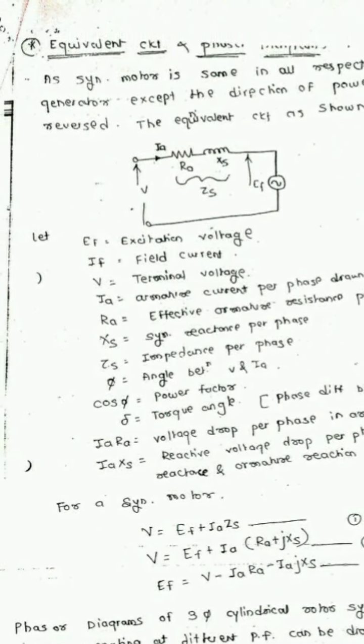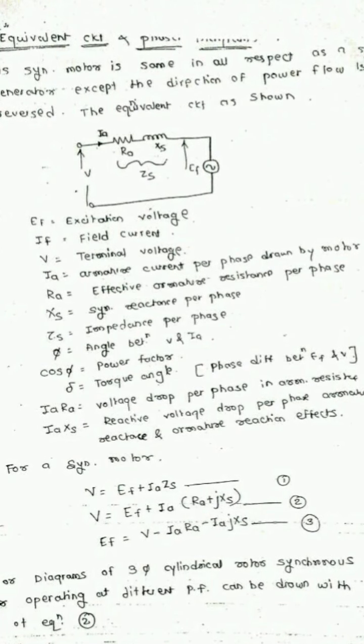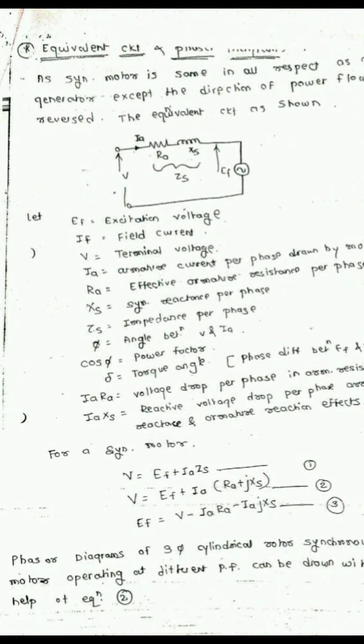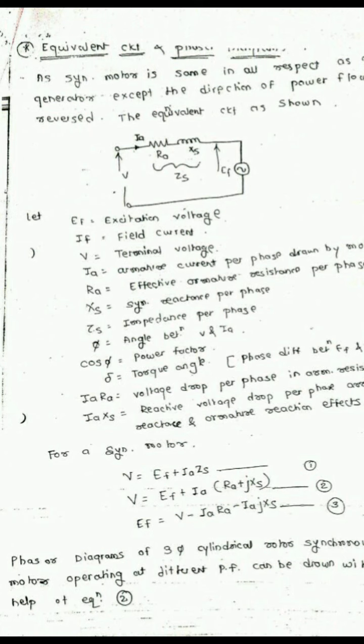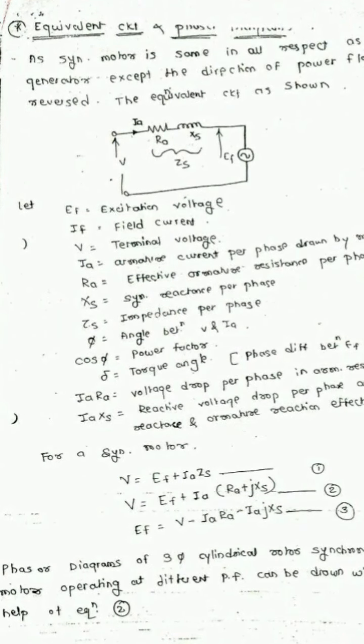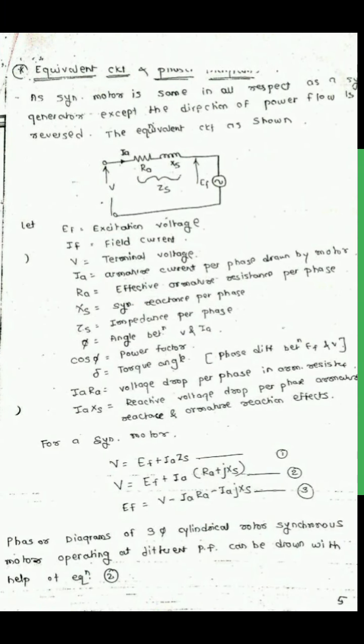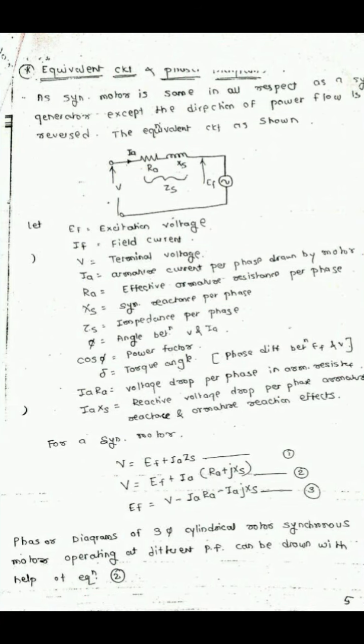This is a very important equation for understanding the motor, in which the terminal voltage, that is the supply voltage, is given and converted into excitation voltage. Then the third equation comes from rearranging the terms to get the value of EF. So EF is equal to V minus IA RA minus IA jXS. This is equation number 3.